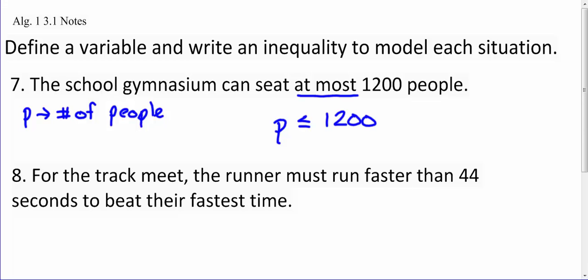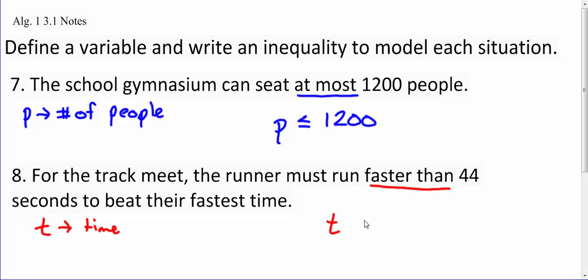Okay, for the track meet, the runner must run faster than 44 seconds to beat their fastest time. Okay, so let's say our variable this time is t for time. So what we want to do is run faster than 44 seconds.